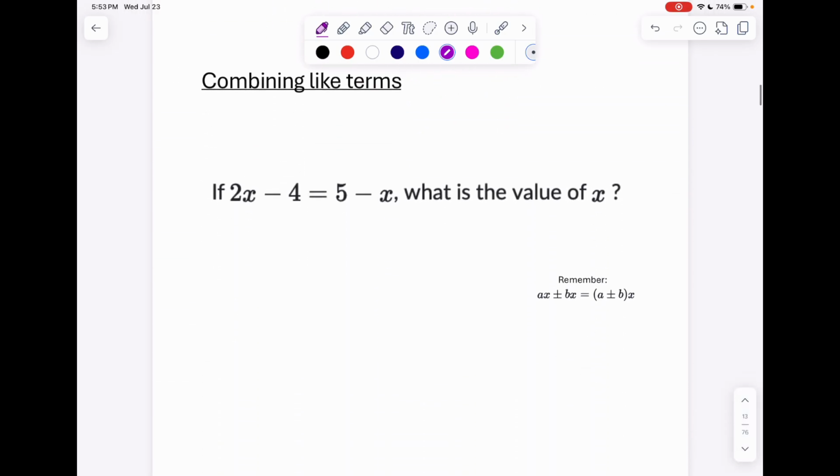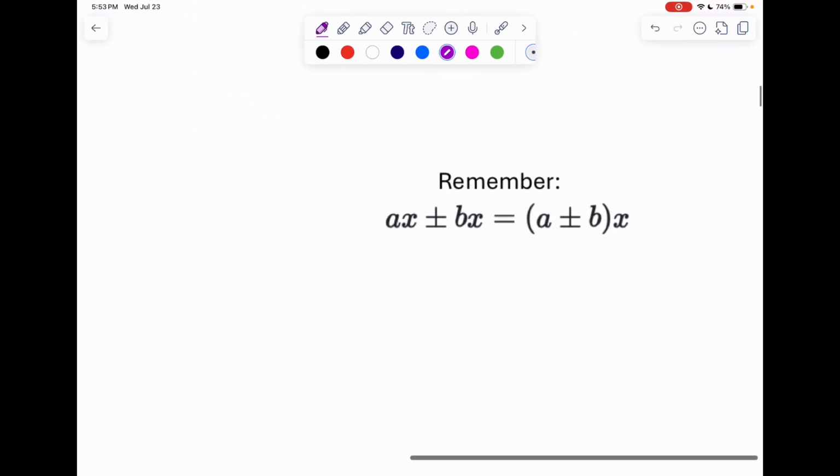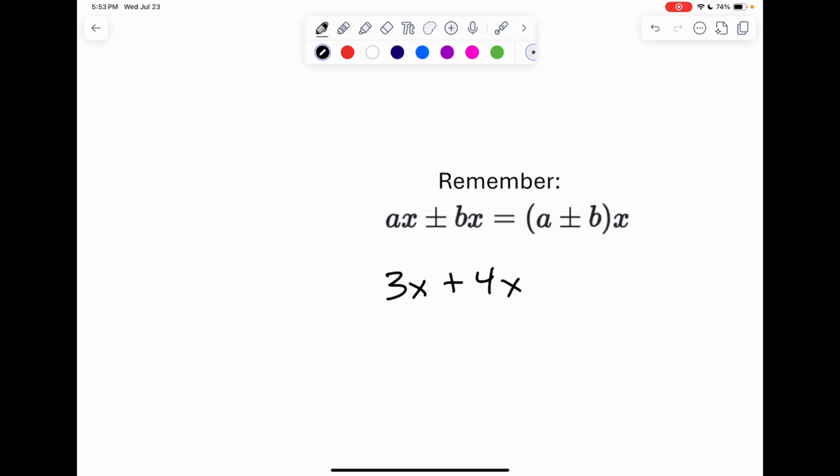Now, when we're combining like terms, please remember this fun fact right here. Let's take a little look at it. I know it looks scary when it's written like this, ax plus or minus bx equals quantity a plus or minus b times x. But really all we're saying is this. Say I have 3x and I'm adding that to 4x. How many x's would I have?